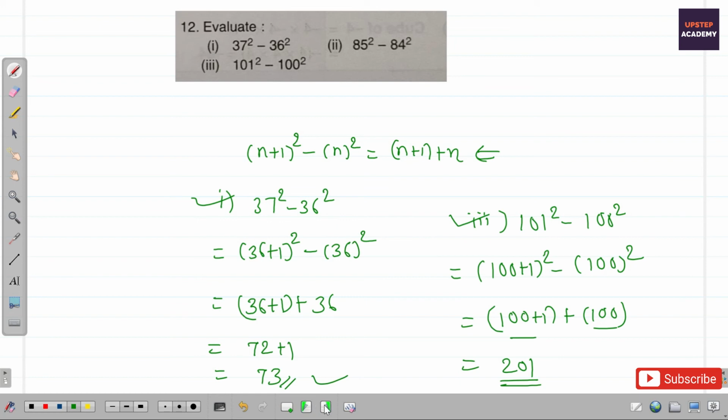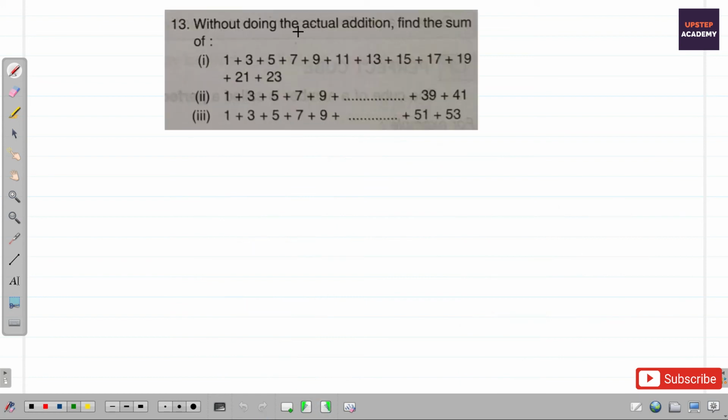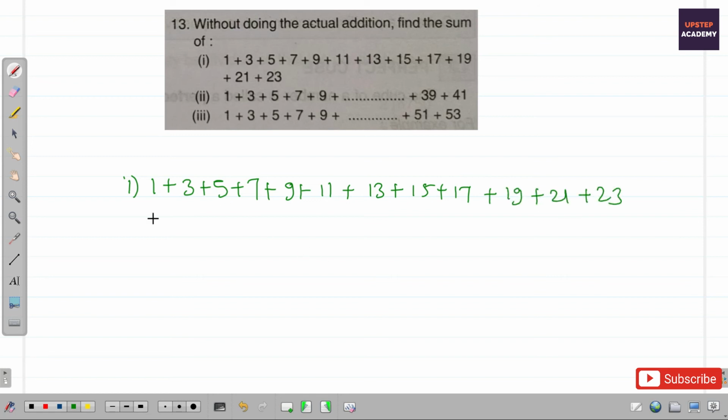Let's go for our next question. Without doing the actual addition, find the sum of the following. The very first is 1 plus 3 plus 5 plus 7 plus 9 plus 11 plus 13, 15, 17, 19, 21 and 23. Let's count the numbers present here: 1, 2, 3, 4, 5, 6, 7, 8, 9, 10, 11 and 12.